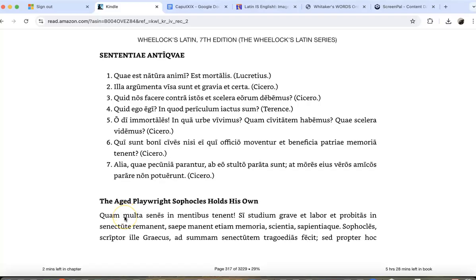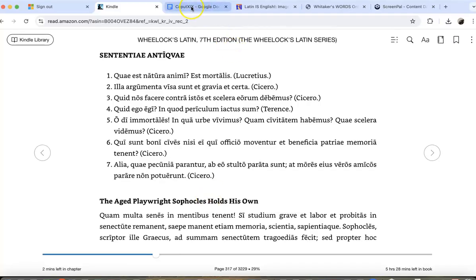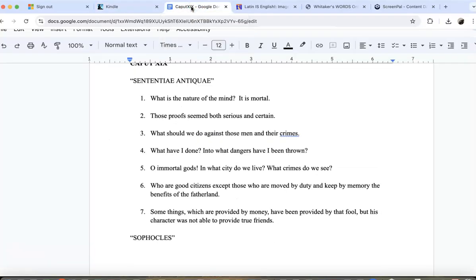So let's go back to the Latin here. Quam multa senis in mentibus tenent. So literally, how much old people hold in their minds. So again, he's making a reference to wisdom.